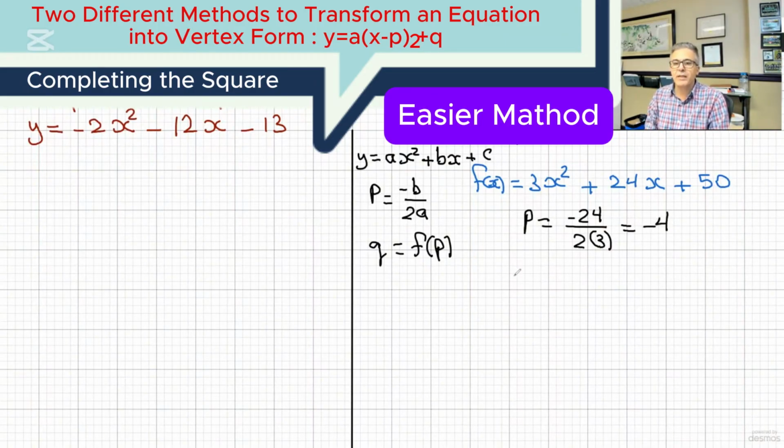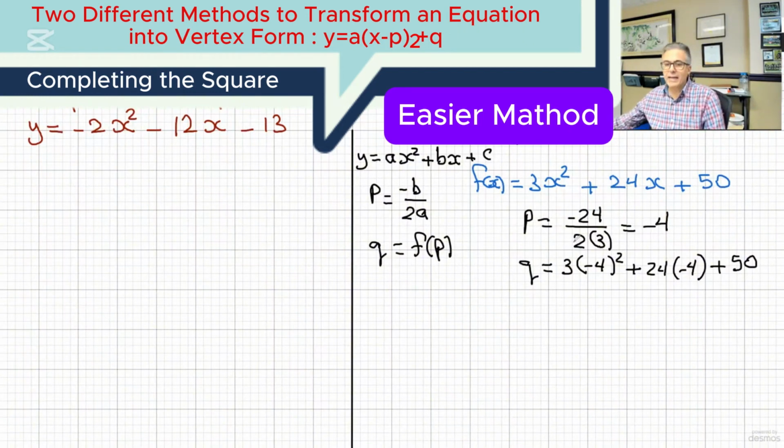Now we found p. Now it's time to find q. q will be 3 times negative 4 squared plus 24 times negative 4 plus 50. Basically, we took the p-value, the negative 4, and subbed it in for the x to find what q is. I'm just going to do that on my calculator.